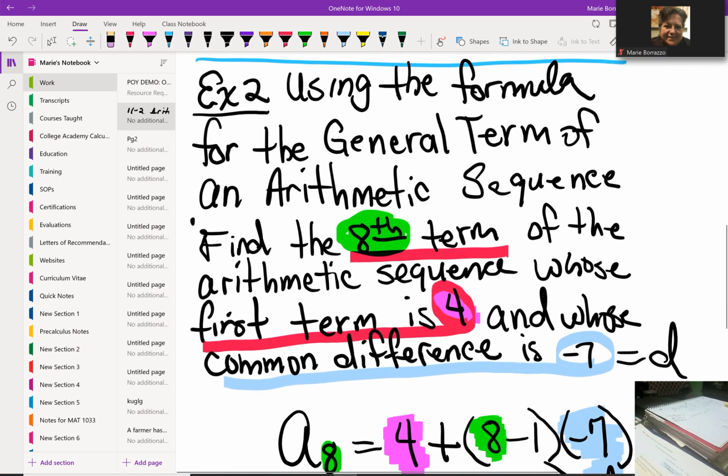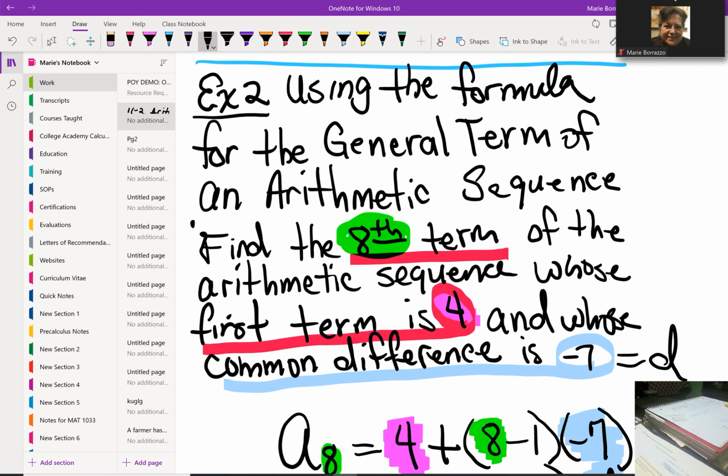Let me actually give you a try. So we'll call this the try of example 2. I'm going to write it just above. This try is telling me the first term in this example is going to be 6, so we're going to change this to a 6, whose common difference is going to be negative 5.